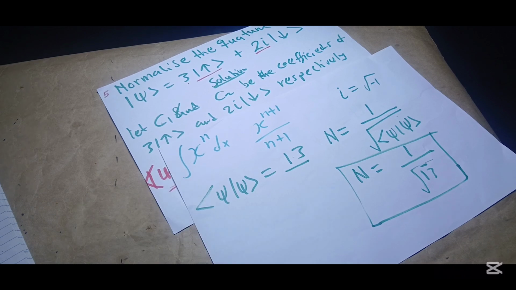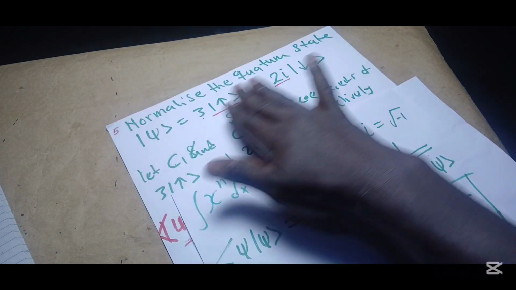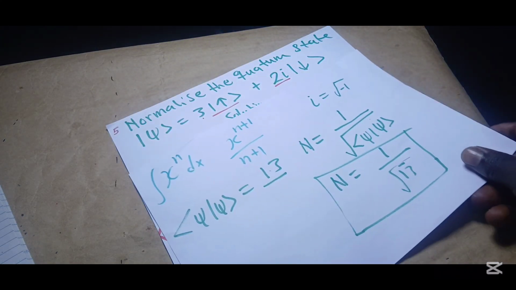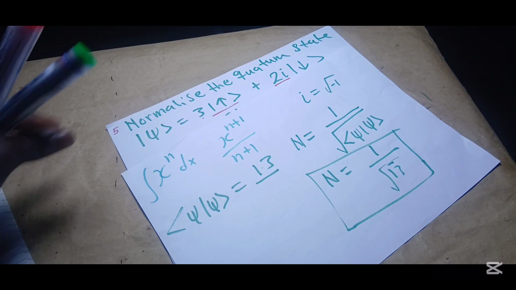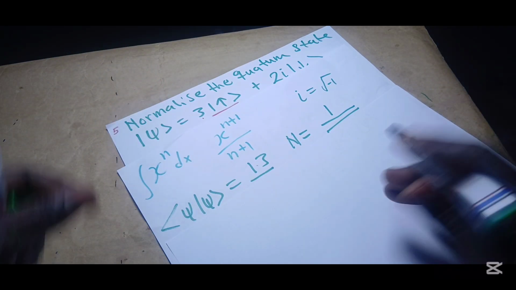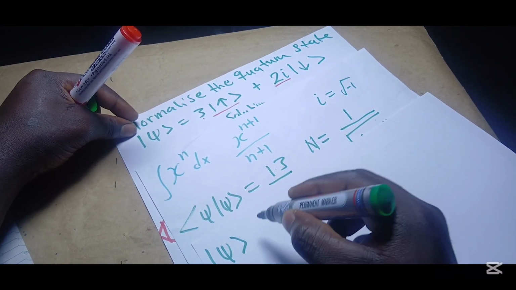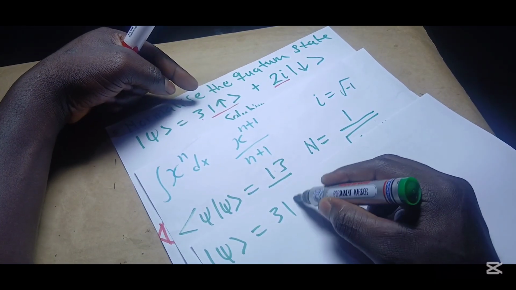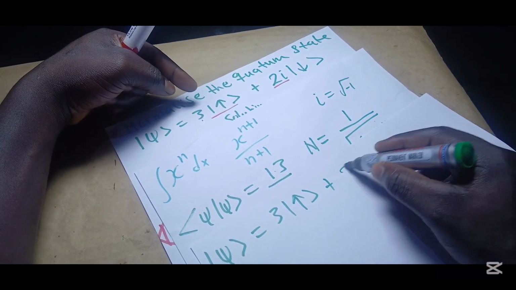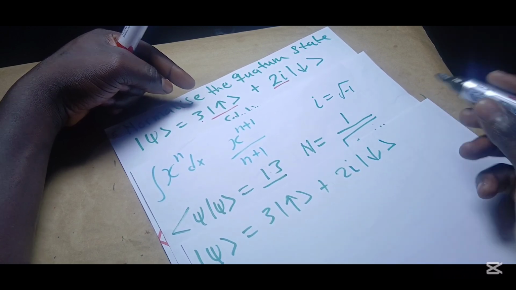And the last step to do is to multiply the normalization constant throughout the given state. So let's do that. The state given to us was psi equal to 3 ket spin up plus 2i ket spin down.